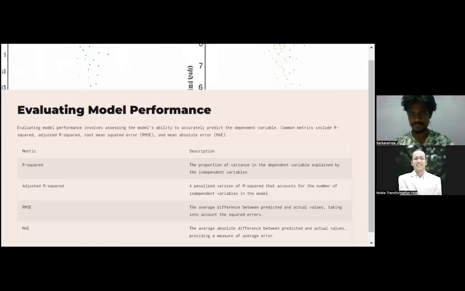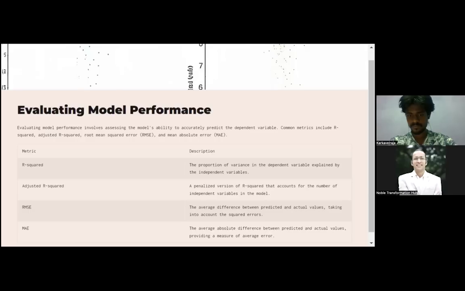These are the techniques we use to evaluate a model, because they give the performance, how much error there is, between actual and predicted values. These metrics are just measuring the errors and the variance.